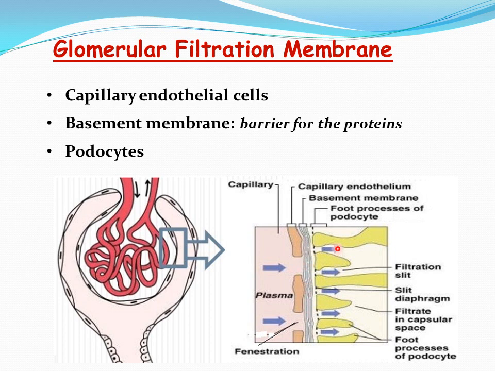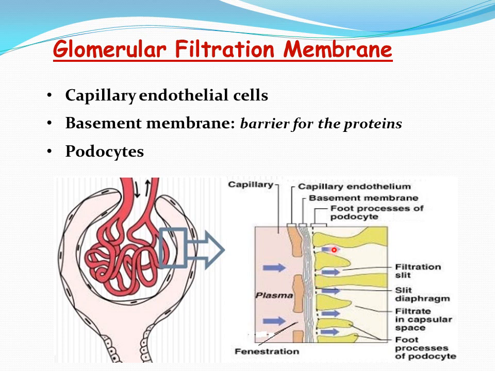The third layer of this membrane is the podocytes, the epithelial cells of the Bowman's capsule, the visceral layer of the Bowman's capsule. These epithelial cells are known as the podocytes. Here are the foot processes of the podocytes. They interdigitate, but still there is a little space between the foot processes.